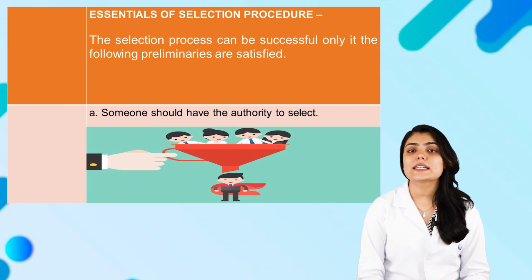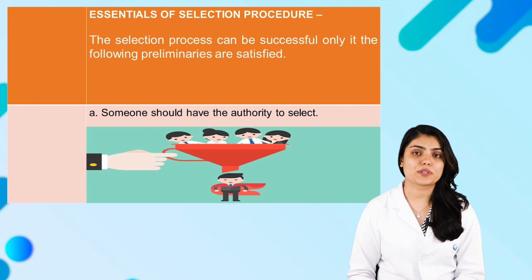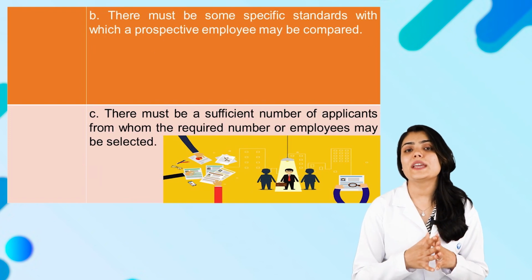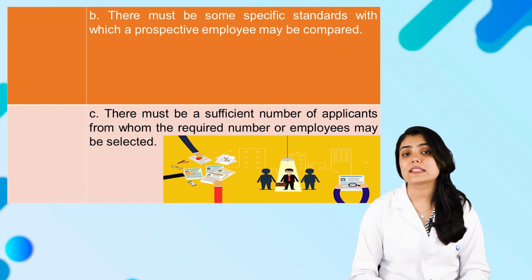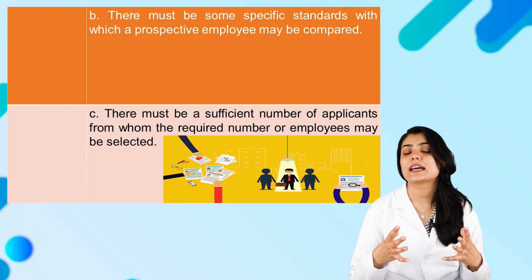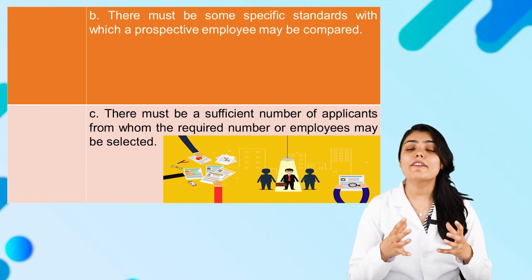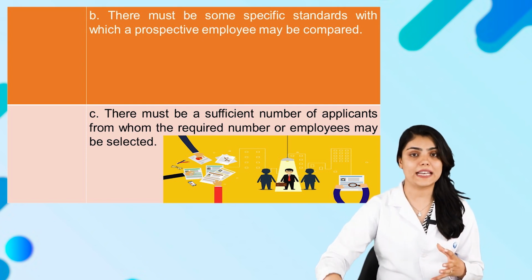Now, let us see what the essentials of the selection procedure are, that is, in order to make sure that the selection of employees is done properly, what are the things that are to be taken care of? The very first thing is to have an authority for selection.